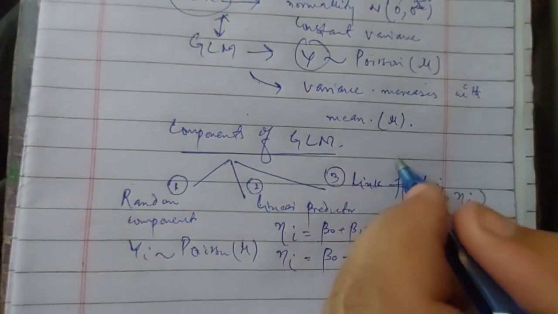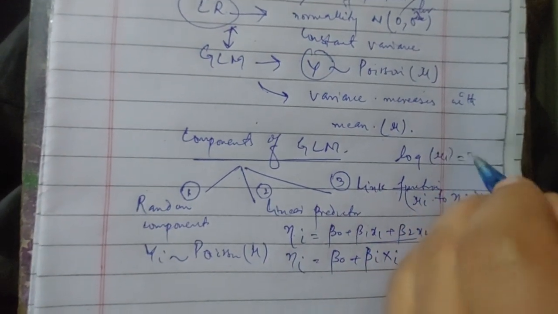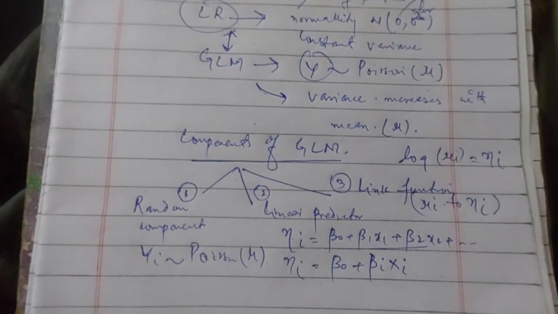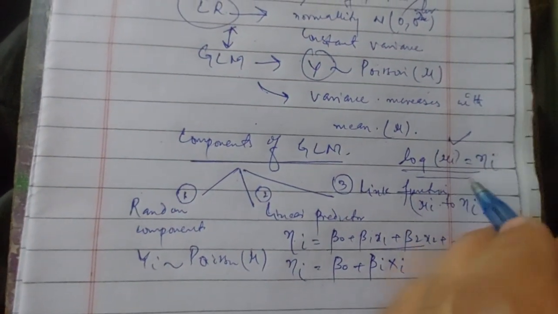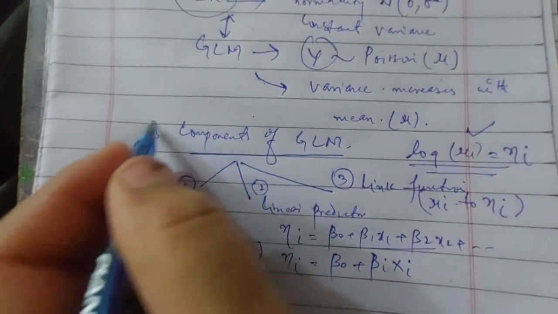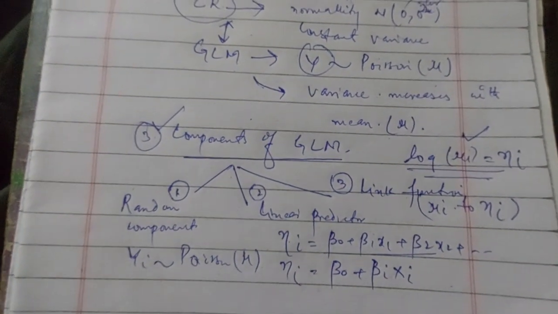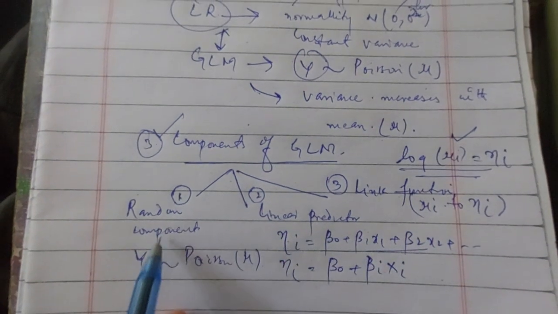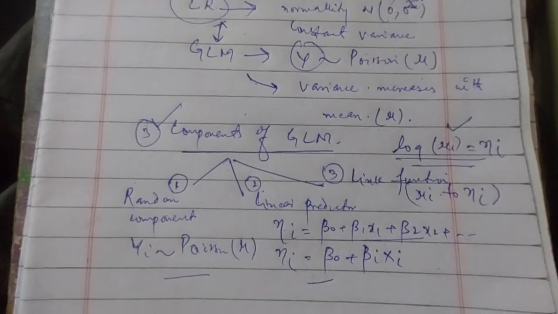The basic link is that the log of mu i is equal to the linear predictor. This is the basic link that we use. These are the three main components of the GLM, and all of the Poisson regression is based on these three things.